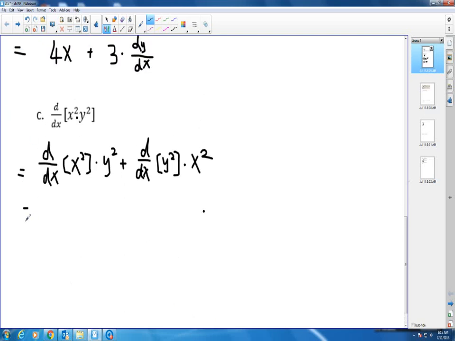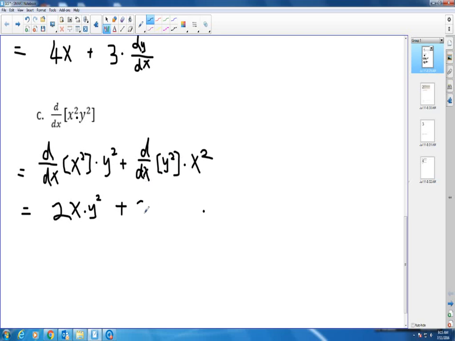Alright, let's simplify this. The derivative of x squared with respect to x we differentiate normally, so that will give me 2x times y squared, plus the derivative of y squared with respect to x.